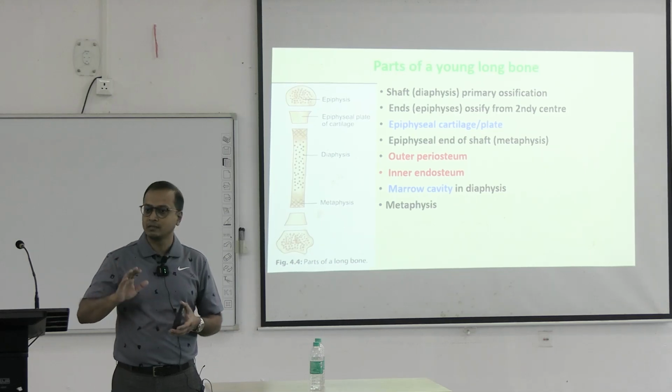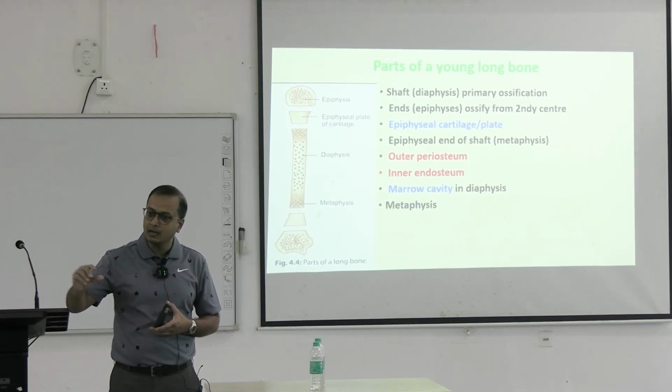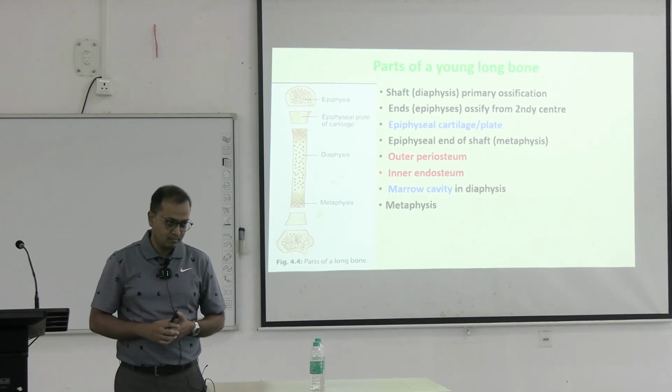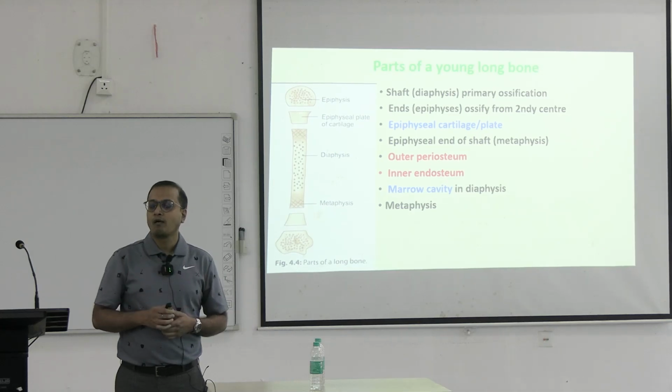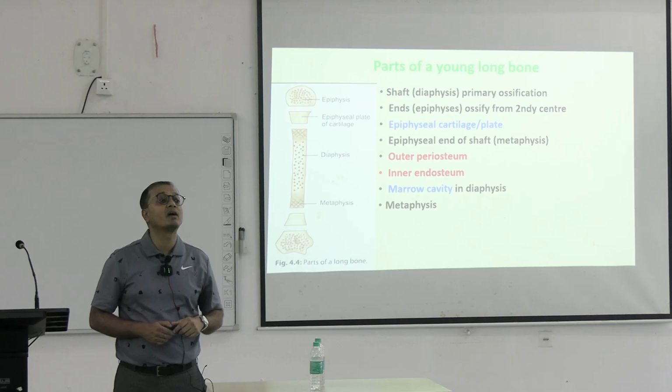The epiphysis fuses with the diaphysis, and the epiphyseal cartilage is replaced and becomes ossified. That region of the diaphysis close to the epiphysis we call the metaphysis.